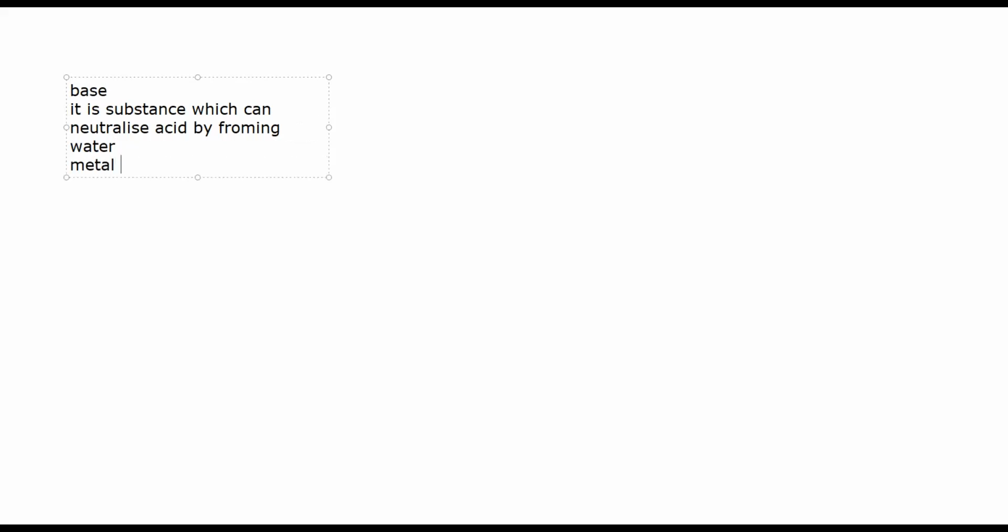Metal oxides and hydroxides are generally bases. So this is another definition for base.